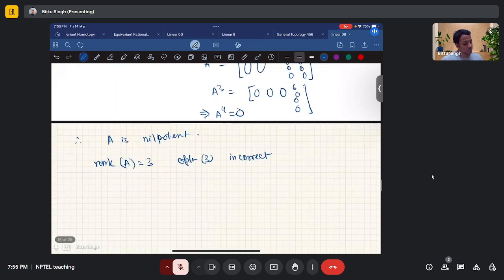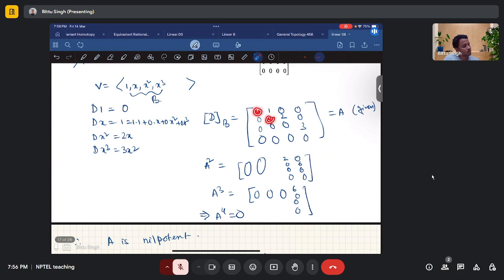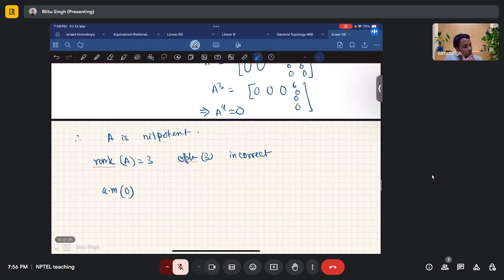Now, is A a diagonalizable matrix or not? So we can see what is the algebraic multiplicity of 0. This is an upper triangular matrix, therefore 0 is the only eigenvalue, and the algebraic multiplicity of 0 is 4, it appears 4 times in the upper triangular matrix. So the characteristic polynomial is x to the power 4. But we can see the geometric multiplicity of 0.